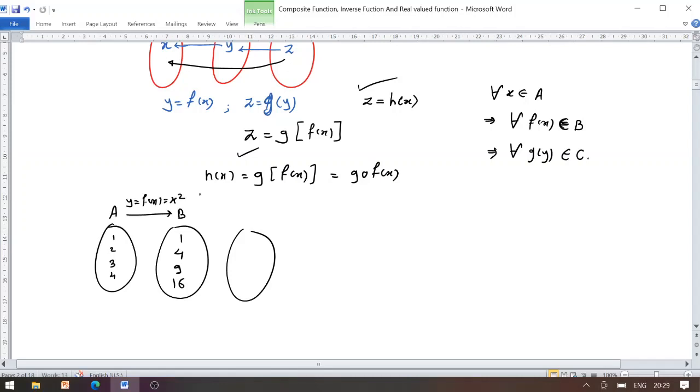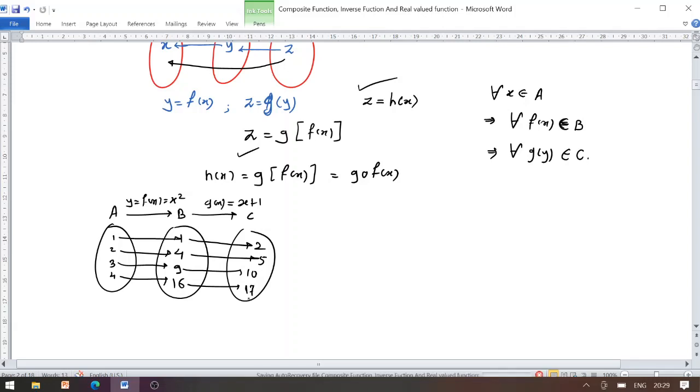And suppose we have the function from B to the third set C as g of x, where g of x equals x plus 1. So suppose here 1 is related to 1, 2 is related to 4, 3 is related to 9, 4 is related to 16. And now 1 is related to 2, 4 is related to 5, 9 is related to 10, and 16 is related to 17.